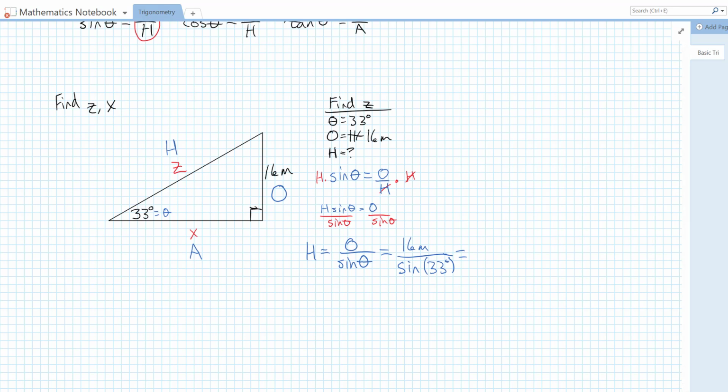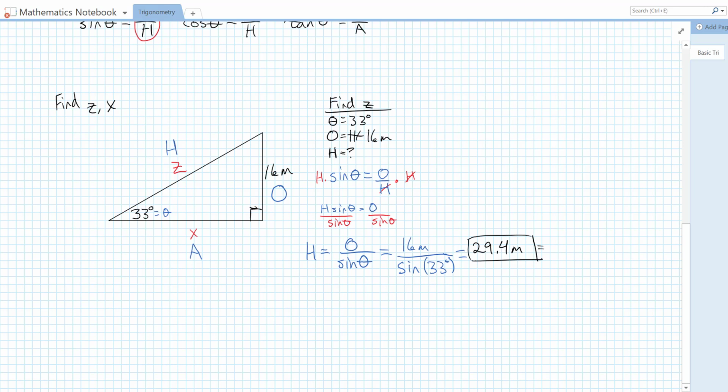But before you get an output for that, since our angle is in degrees, you need to make sure your calculator is in degree mode. If you press the mode button near the top, you can go down and check. If your angle were in radians, you would want to be in radian mode. But if we do 16 over sine of 33, we get our side length as 29.4, and the units are going to be meters.